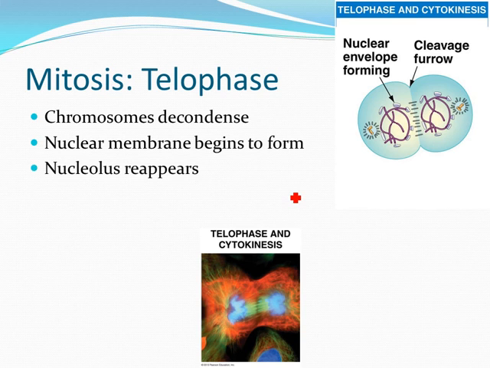The nucleolus, remember the nucleolus, its function was to make RNA. It reappears. This is within the nucleus itself. Why does it do this? It's basically resetting itself to become an individual cell again.